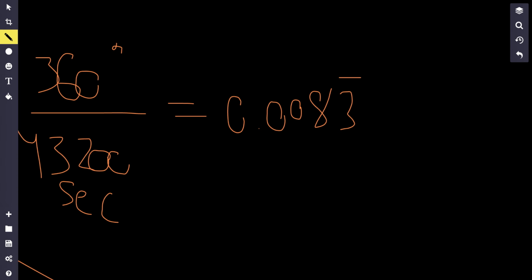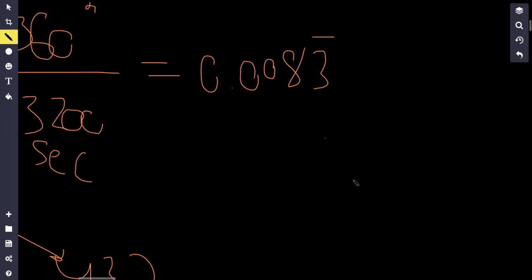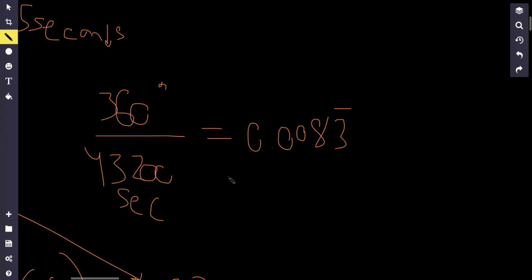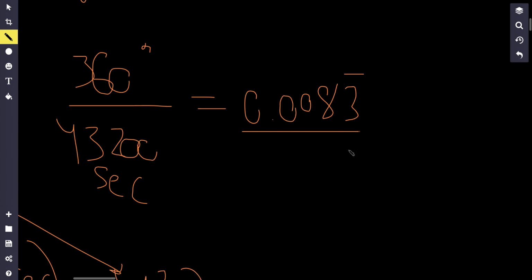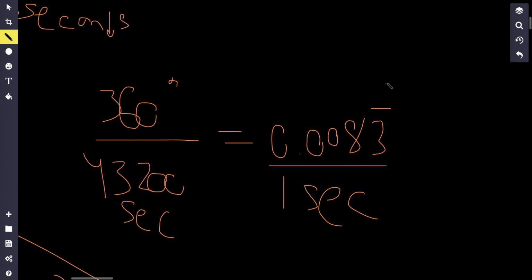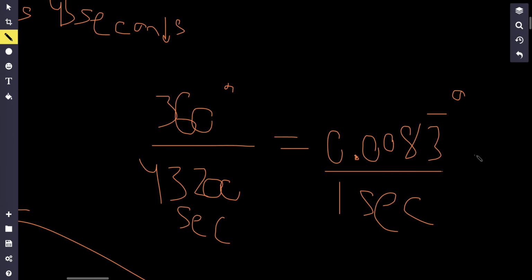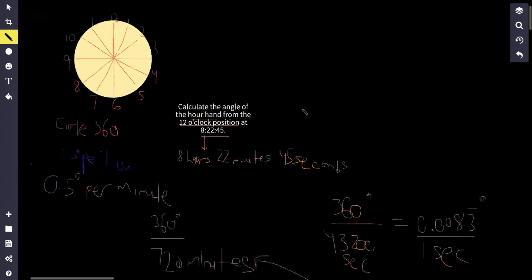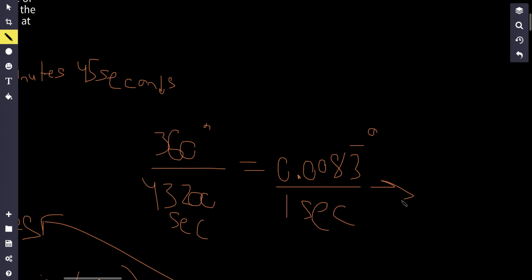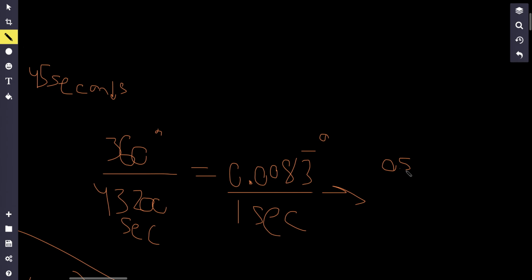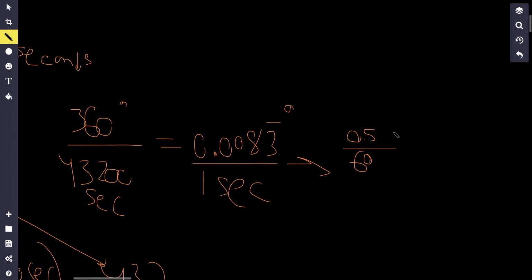Or you can write it as 0.5 divided by 60. These two things are equal to each other. And all this means is that for every second, the hour hand is going to move 0.0083 degrees, repeating. That's basically what it means. So this is equal to 0.5 divided by 60 degrees per second.